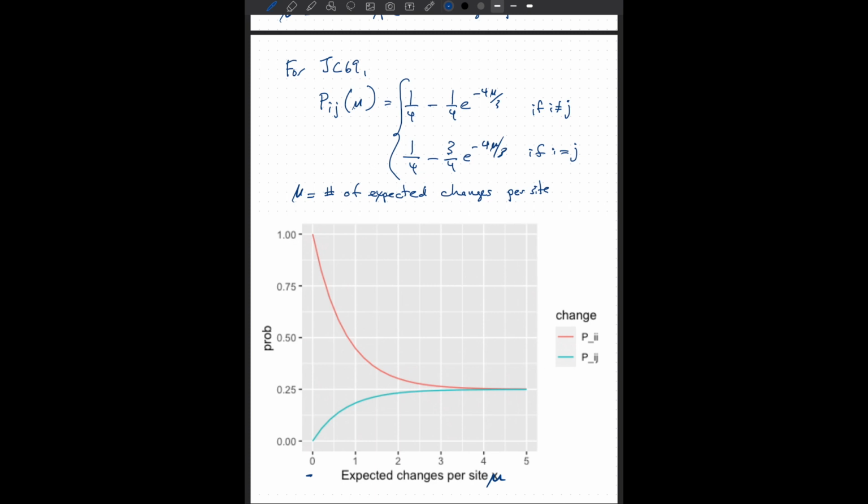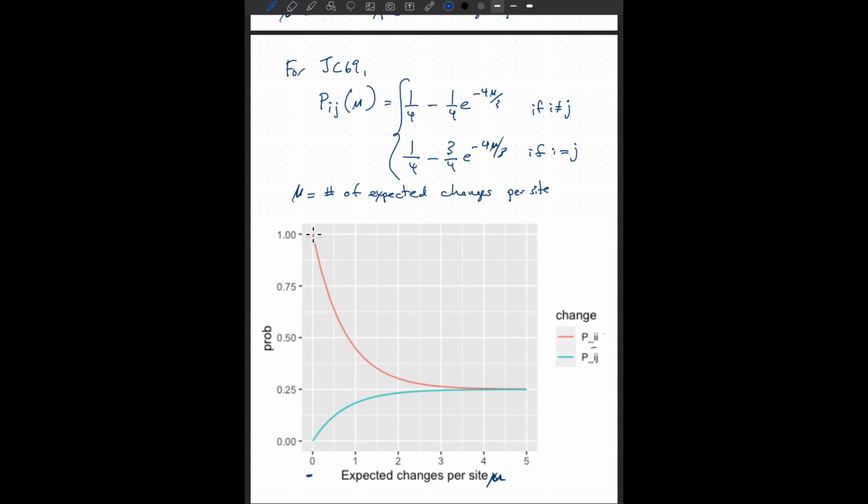If I expect no changes at the site, what is the probability that I'm in state A? The red curve is that I stay in the same state. I start in state I, and I end in state I. Whatever state I start in, whether it's A, C, G, or T, what is the probability that I end in state A after basically no evolution, when I expect no changes per site?